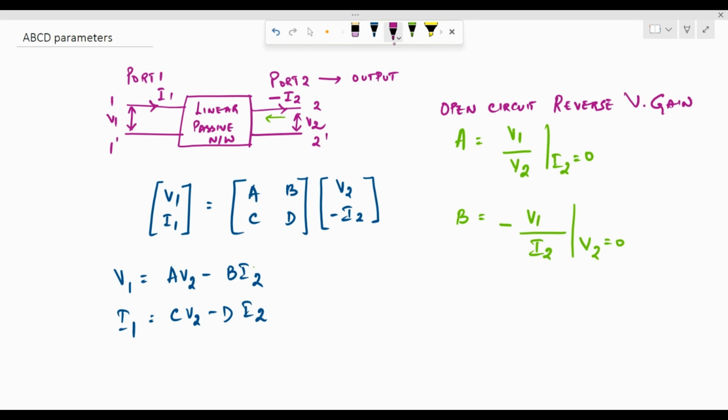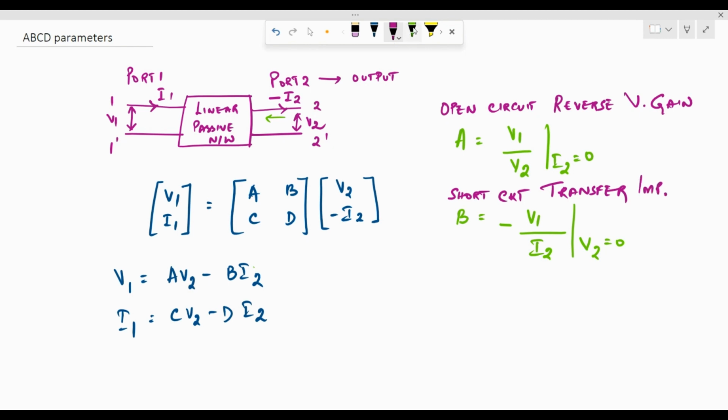But look at the subscripts. The numerator voltage is 1 and the denominator's current is 2. So this is basically a transfer parameter across the input and the output. So we can call this short circuit, because V2 is 0, transfer impedance.